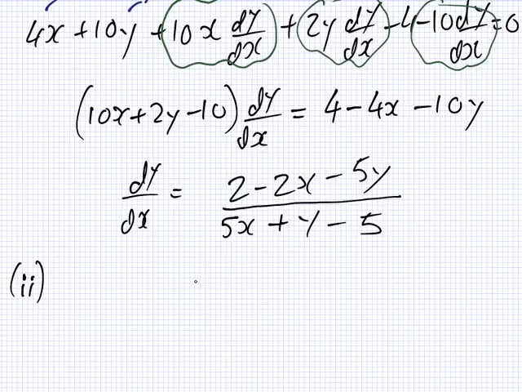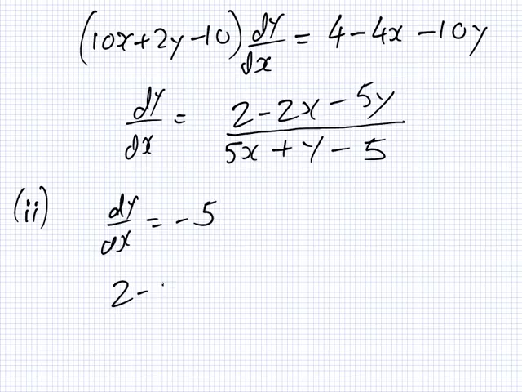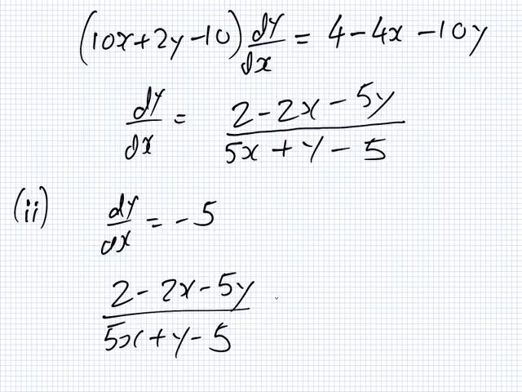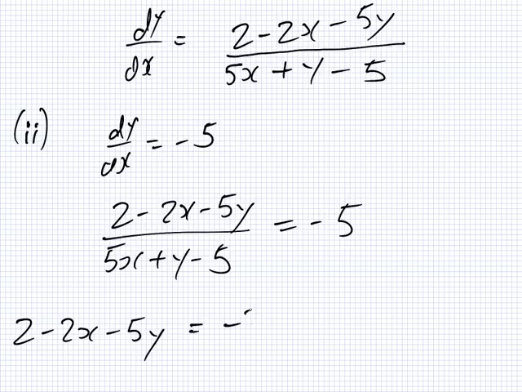It's okay. Right. The next one is this now equals minus 5. So we have 2 minus 2x minus 5y over 5x plus y minus 5 equals minus 5. 2 minus 2x minus 5y equals minus 25x minus 5y plus 25.